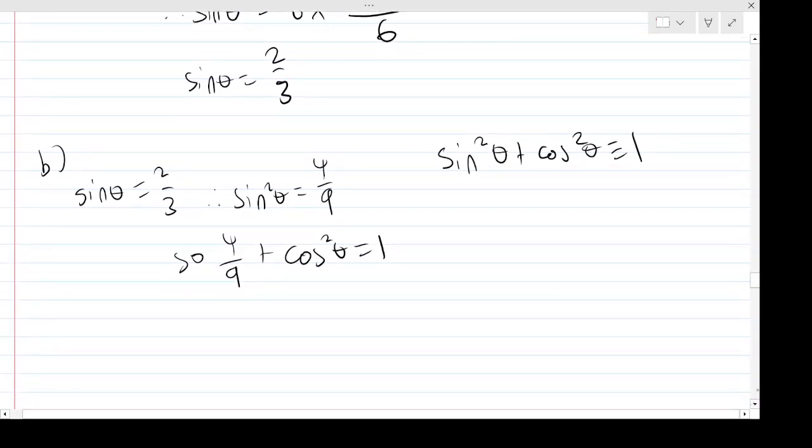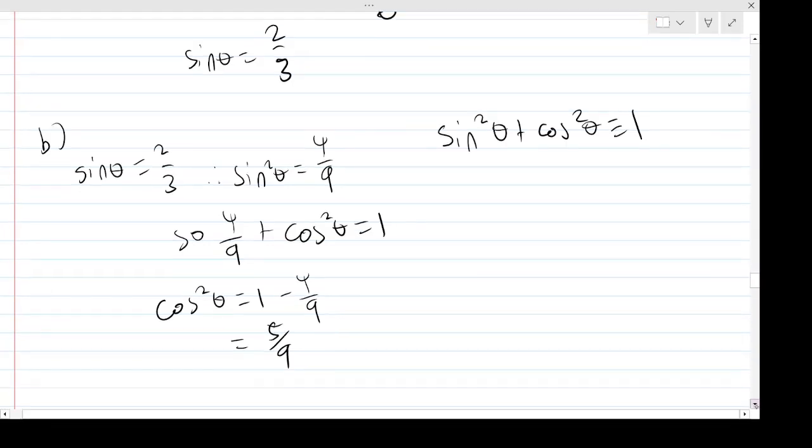And then I can just rearrange for cos, right? So cos squared theta is going to be 1 take away 4/9, which is 5/9, is it? Yes, 5/9. And then I can just square root both sides, right?